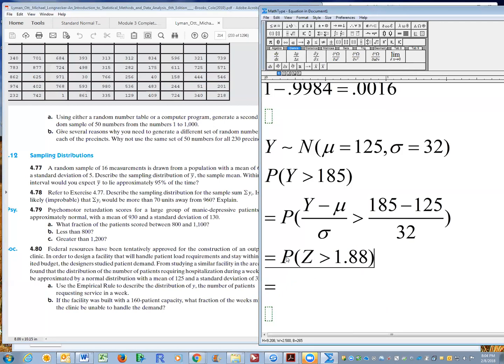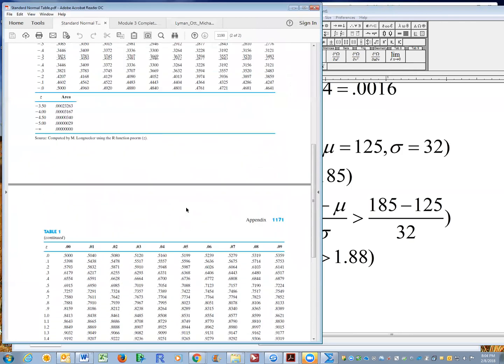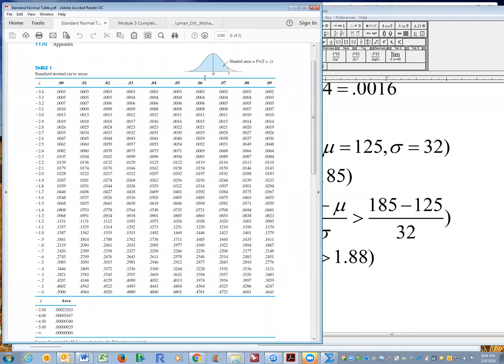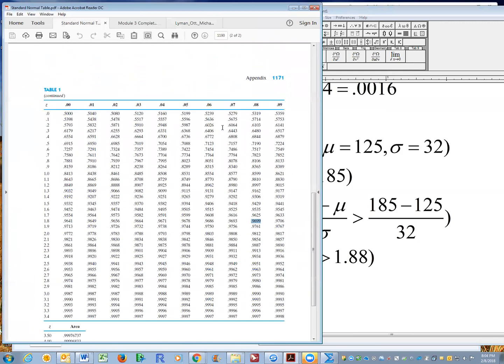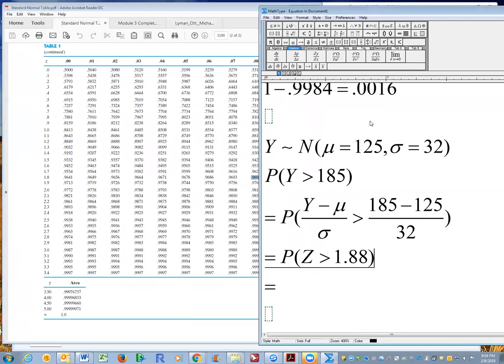We're looking for what's to the right of it. And this table gives you areas under the curve to the left of the Z-score. That's why we subtract from 1. The total area is 1, so to get any right area from this table, we need to subtract the left area from 1. That makes so much sense.